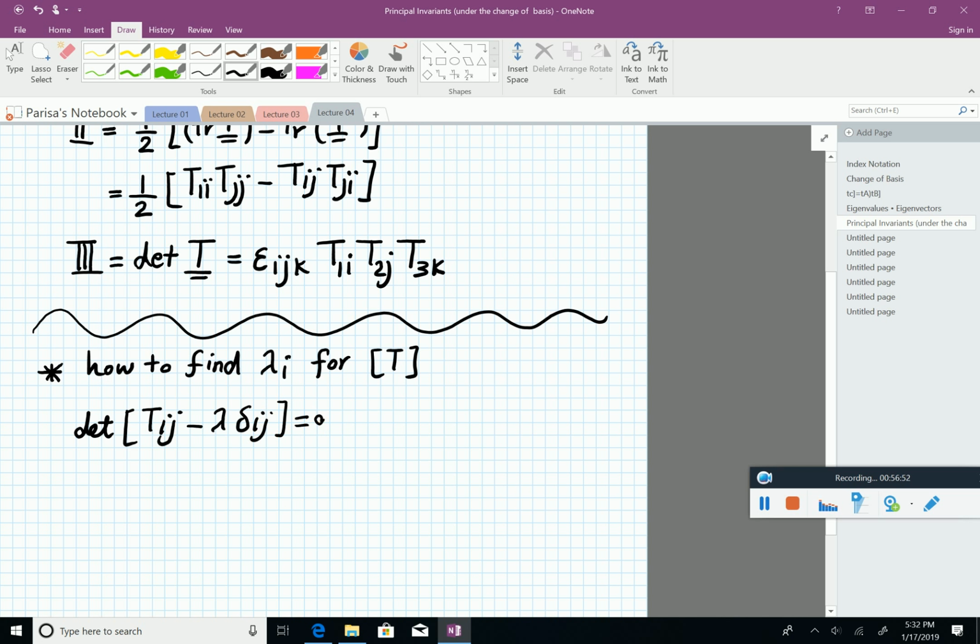And it turns out that this equation, you can write it in terms of the principal invariants.